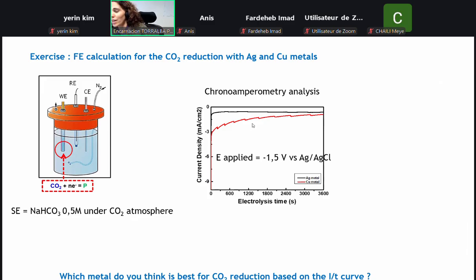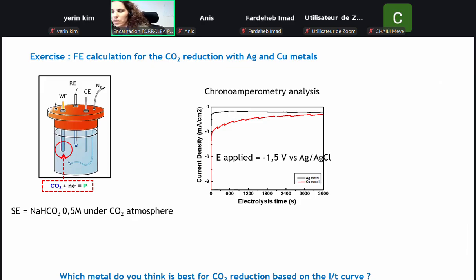But I wanted you to tell me that it's not. Because if we only look at the current density, at 600 seconds, for example, I am having, I don't know, 2.5 milliampere per square centimeter if I use copper, and maybe 0.5 if I use silver.